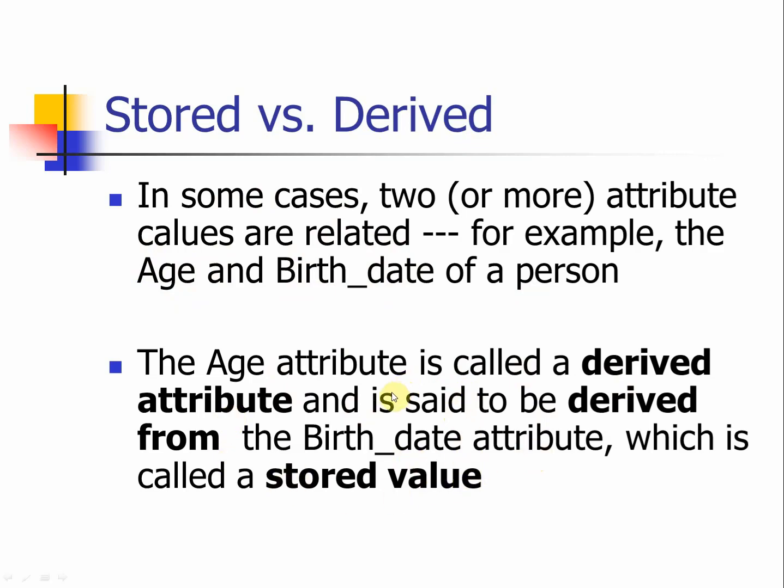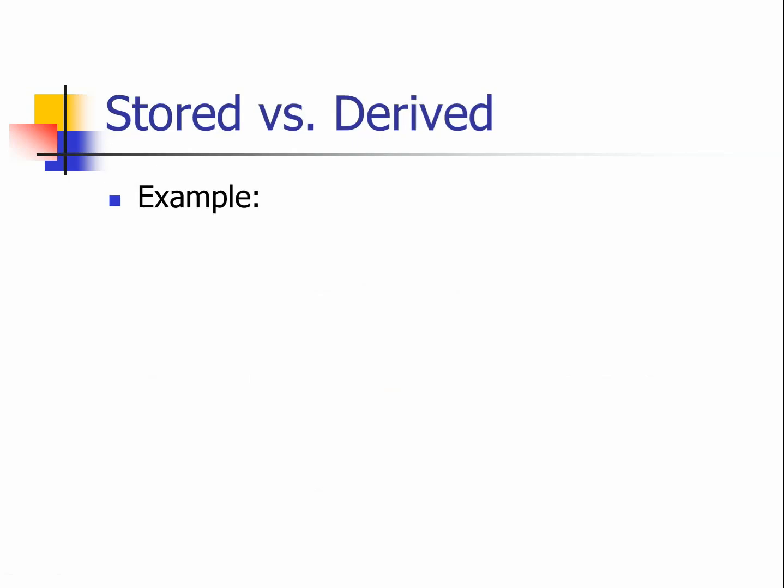Whenever you design a derived attribute, make sure you know how this value is being derived. You must have some stored value that you will be able to work with and then calculate this value. Here's the example, employee. If you have a birthday, we use age in a dashed oval, indicating that it is a derived attribute.